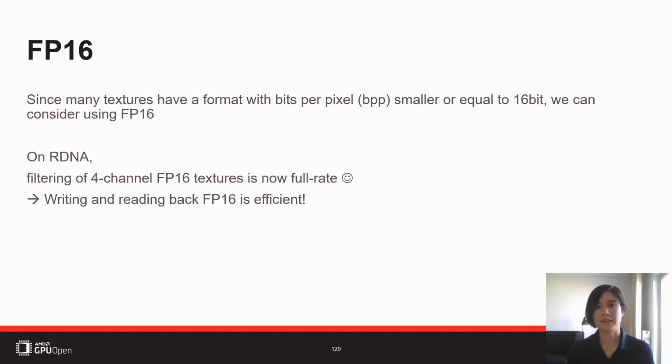It's FP16, and I mention it here because for our specific case of the downsampler, it's actually a viable option to use FP16, because textures usually have only 16 bits per channel or even less, so they are perfectly suitable for just using a reduced precision because the values are anyway stored in a reduced precision. And also a nice thing to note on RDNA, there's now full rate for filtering of 4-channel FP16 textures. So this is also now really efficient in RDNA, so you are not limited by this fact anymore.